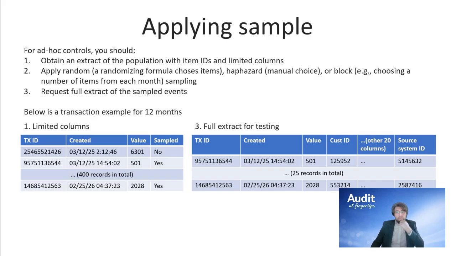First of all, you need to check what is the size of the population. For this, you may ask your auditees, or self-source it if you have access, just to get the limited extract. Limited means the number of columns should be limited.